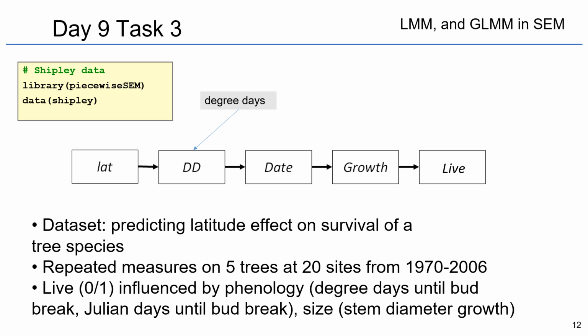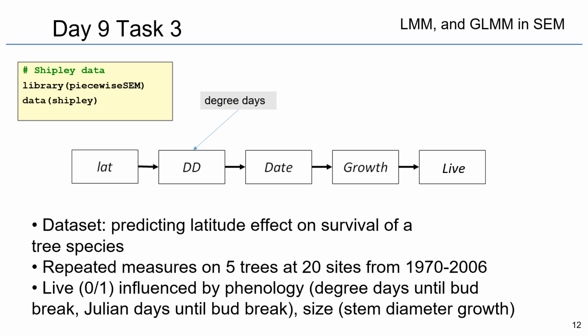And Shipley, as you remember, is the scientist who created this local estimation procedure in the SEM. So this data, Shipley, they are part of the piecewise SEM package, and you can simply load it by loading the library of piecewise SEM.